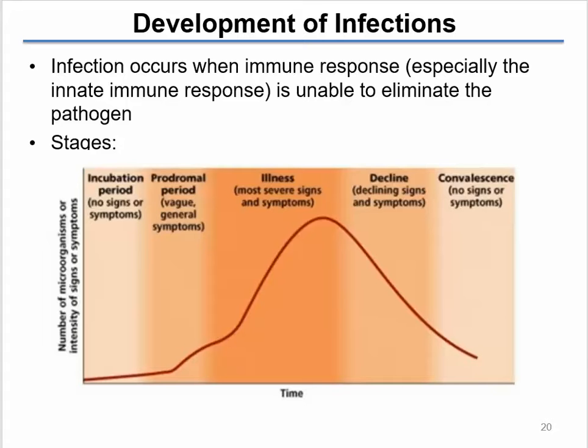As the immune response starts to eliminate the pathogens, the illness goes into decline and you start feeling a little bit better. Then the whole thing ends in a convalescence period where the immune system is just cleaning the remainder up. This is the normal course of an infection.